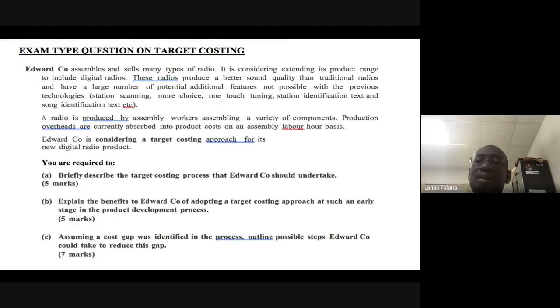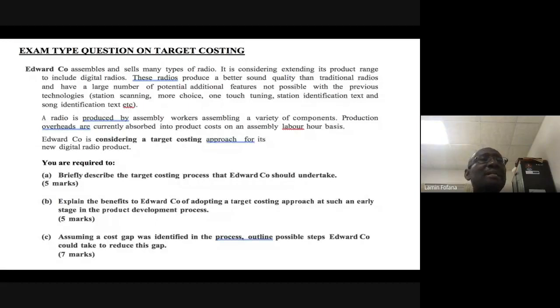Of course, as a result of the demand for your product, because your product will definitely be demanded. Compare it to a situation whereby you use absorption costing. If you use absorption costing, what do you do to your selling price? You determine your selling price blindly, because you don't even know what prevails in the market. Understand? When you use target costing, Edwards Company Limited can produce digital radios that will be demanded in the market like hotcakes, because they have done their homework.